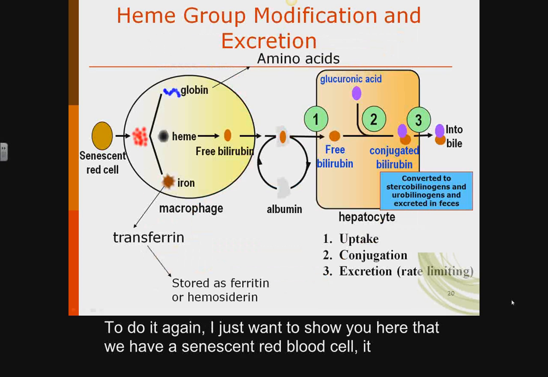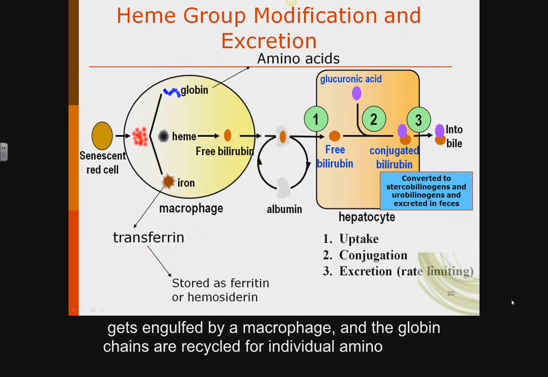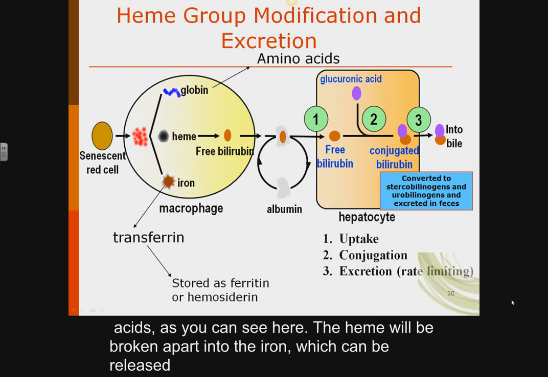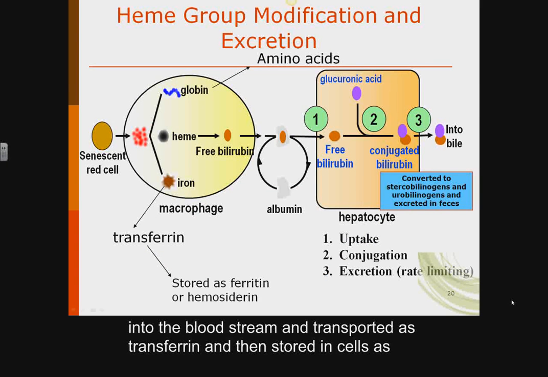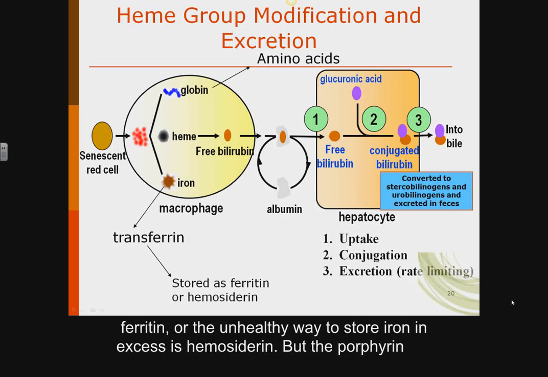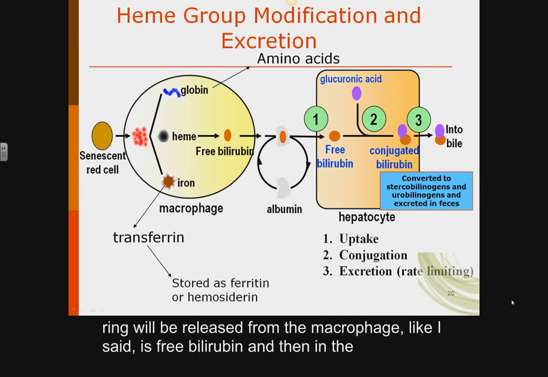To do it again, I just want to show you here that we have a senescent red blood cell. It gets engulfed by the macrophage, and the globin chains are recycled for individual amino acids, as you can see here. The heme will be broken apart into the iron, which can be released into the bloodstream and transported as transferrin, and then stored in cells as ferritin, or the unhealthy way to store iron in excess is hemosiderin. But the porphyrin ring will be released from the macrophage.